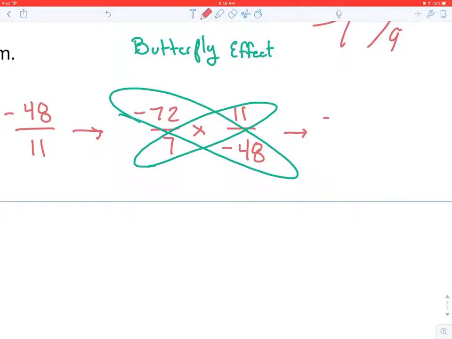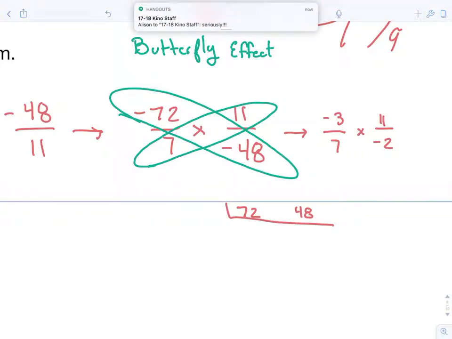negative 72 divided by 24 is going to give me negative 3 over 7. And then 11 over negative 48, 48 divided by 24 is going to give me negative 2. So what I just did there is I took the 72 and the 48 and I simplified them down.